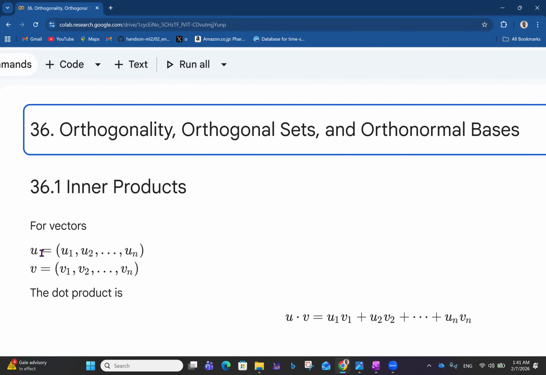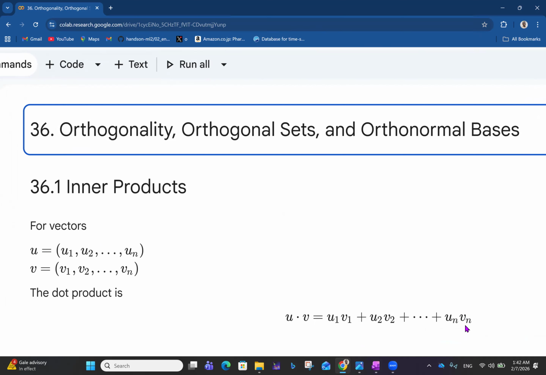If you have vector u made up of u1, u2, all the way to un, and vector v made up of v1, v2 up to vn, the dot product u dot v is just component by component multiplication: u1 times v1 plus u2 times v2 plus u3 times v3, all the way down to un times vn. That is straightforward, and that is the dot product.